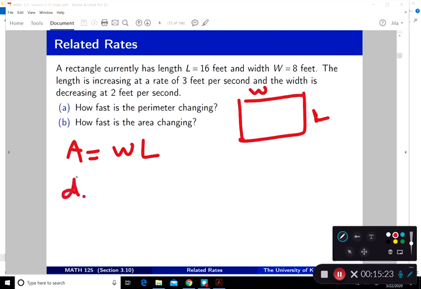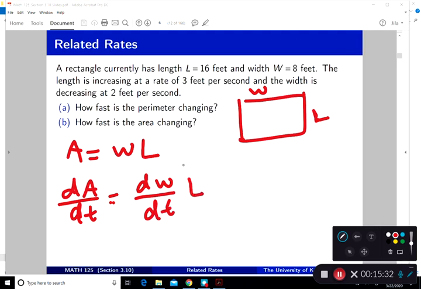Then when I take the derivative with respect to time, it would be a product rule: the derivative of the first one with respect to time, times L, plus the first one times the derivative of the second one with respect to time.